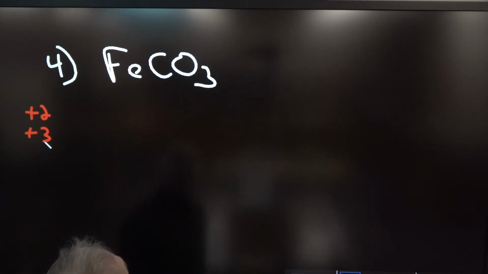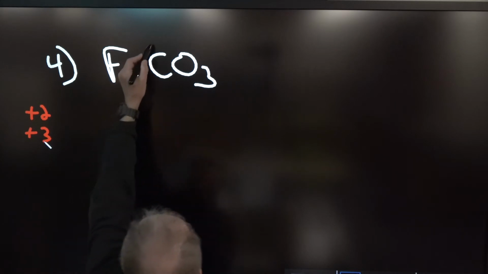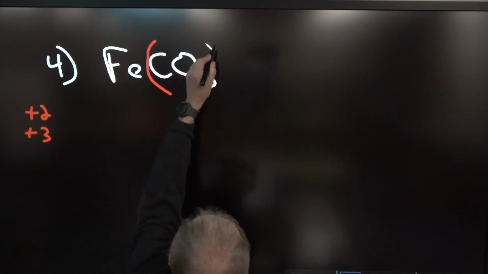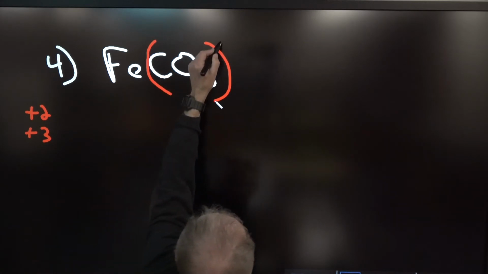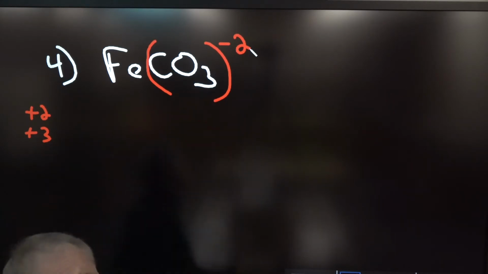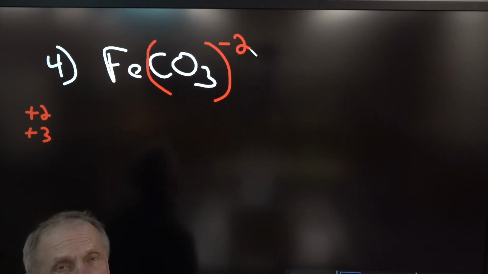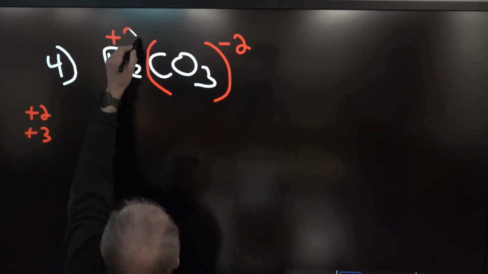So it's hooked to carbonate. And carbonate is a polyatomic ion that has a -2 total charge. So if carbonate has a -2 total charge, then iron has to be a +2.